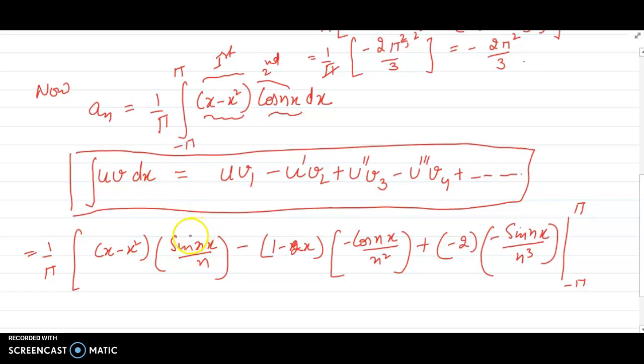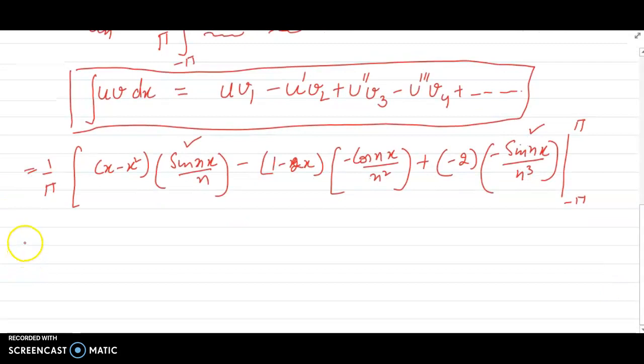Now, you know sine of n pi is 0, which means this term and this term, in both cases, when you substitute the upper limit as well as the lower limit, will be eliminated. So after applying the formula, see what I will get. For the upper limit, sine of n pi is 0, so your first term will be 0.